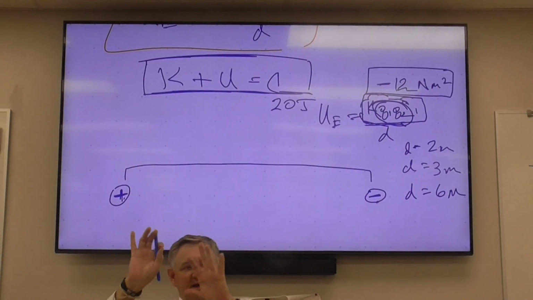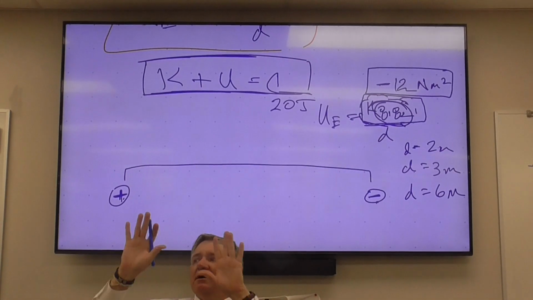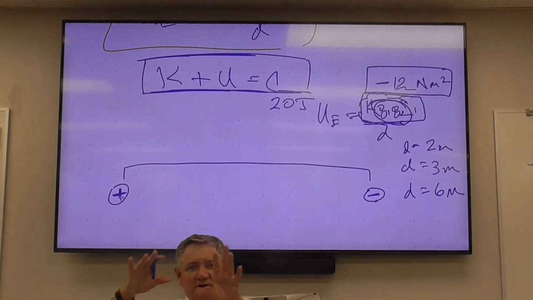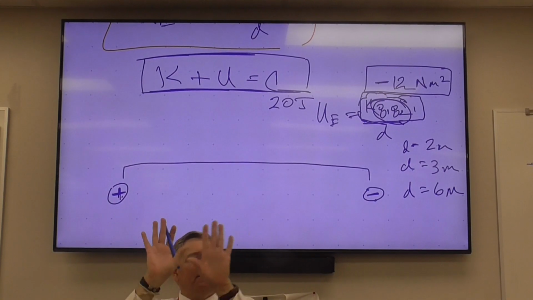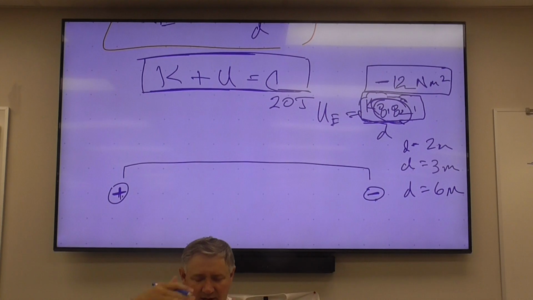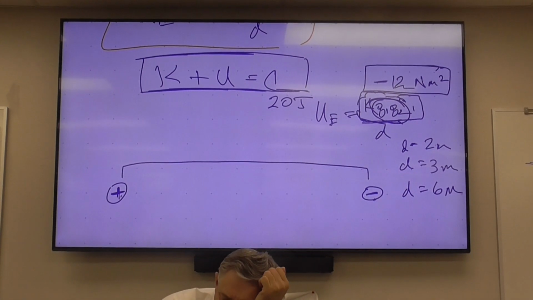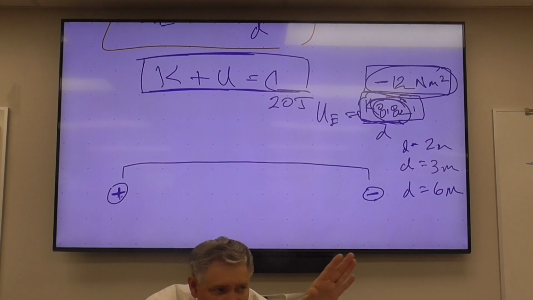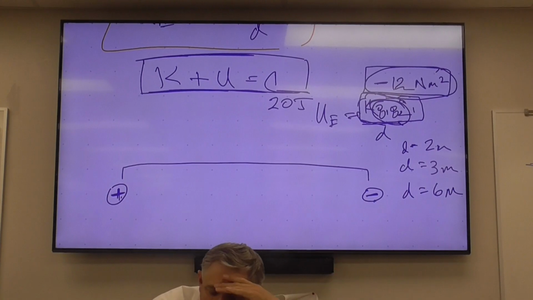Don't get hung up on that negative sign out front, because with positive and negative charges, it gets a little bit wonky. It's just going to be a negative value because it's going to make the math work out. So this value up here, I'm just going to let it be negative 12 Newton meters squared.